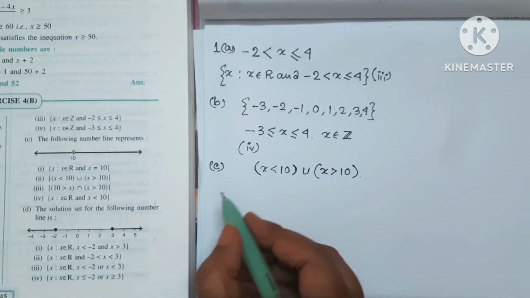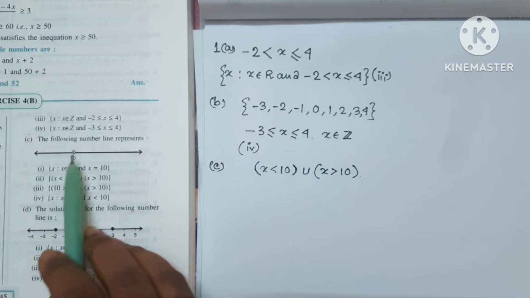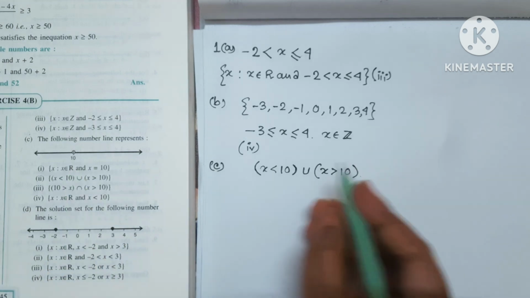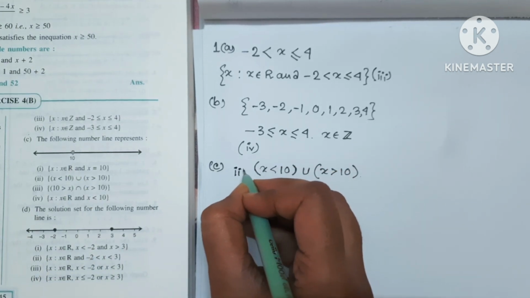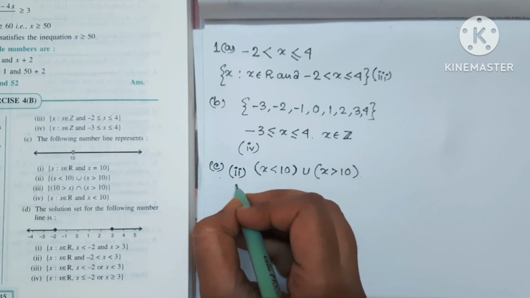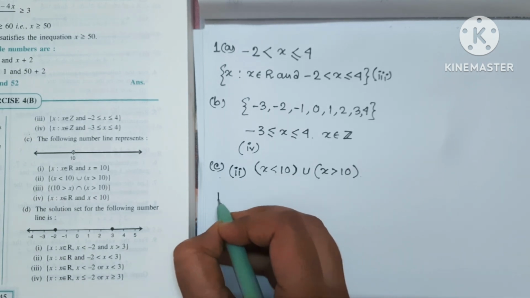Okay, they are considering the entire number line except the point x equal to 10. So the answer will be option number 2. C, option number 2. Next, D.